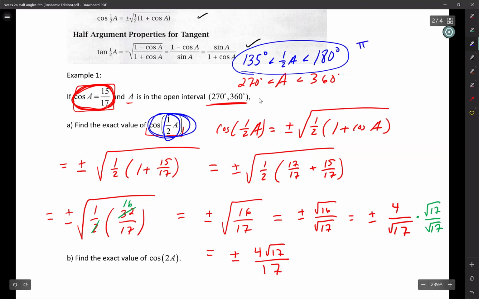Quadrant 2. In quadrant 2, is cosine positive or is cosine negative? Negative. That's right. Look at you guys doing super awesome, interacting. It's a negative one. Good job, guys. You guys actually did fabulous there.